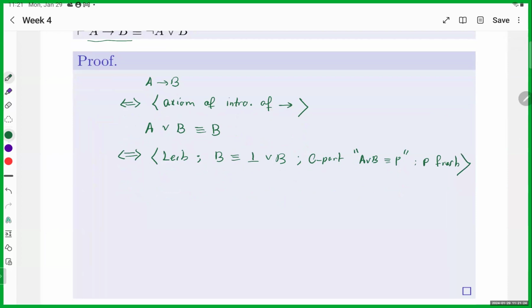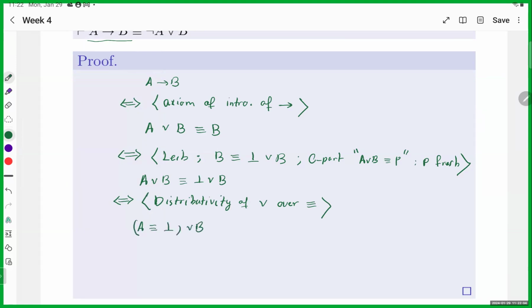What do I get? I get A or B is equivalent to bottom or B. Now undistribute this, that means use the distributivity of disjunction over equivalence. Again, it's the axiom that we have, and this tells me this is A is equivalent to bottom or B.